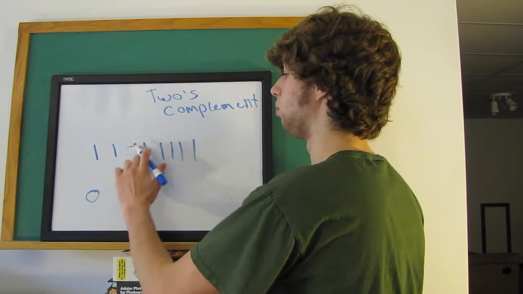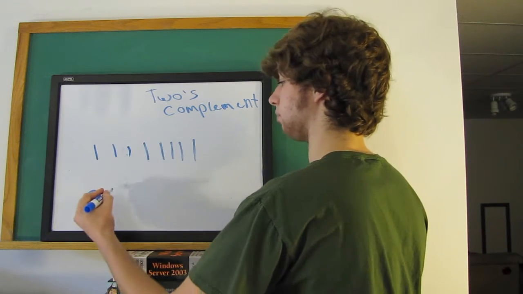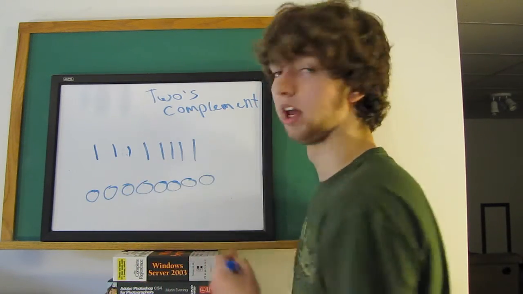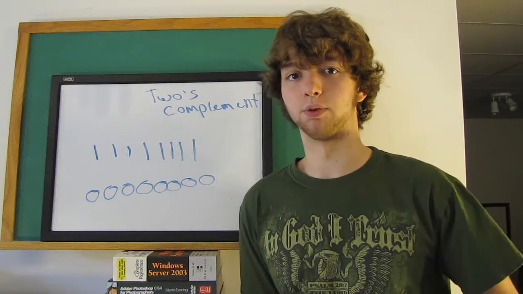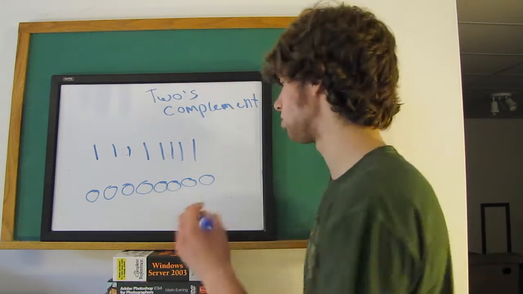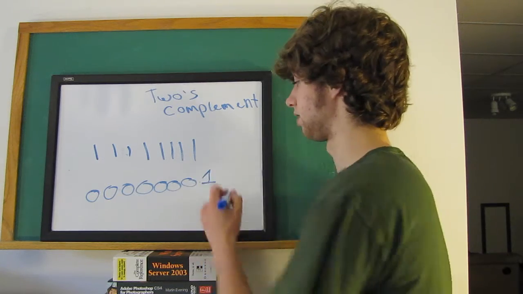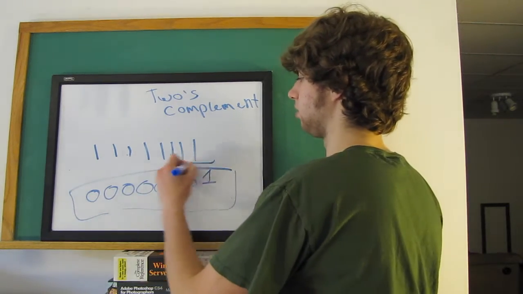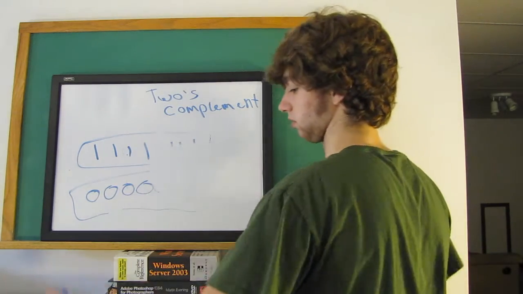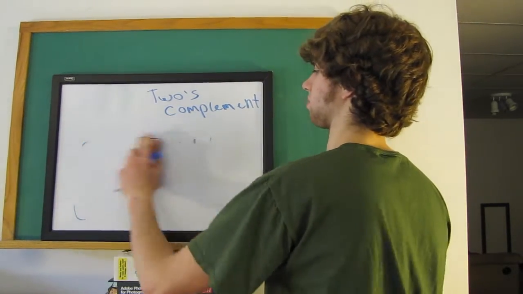But in this case, they're all 1s, so all we have to do is make them all zeros. And then, just like in the way to convert to 2's complement, to make it positive, we also add 1. This is +1 from -1. So it makes more sense.